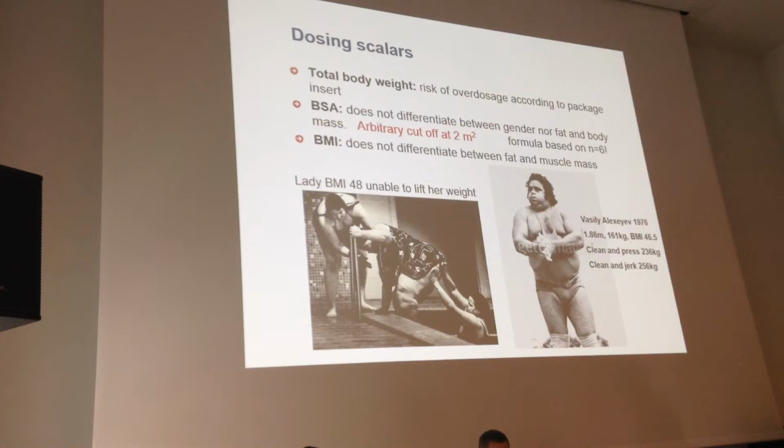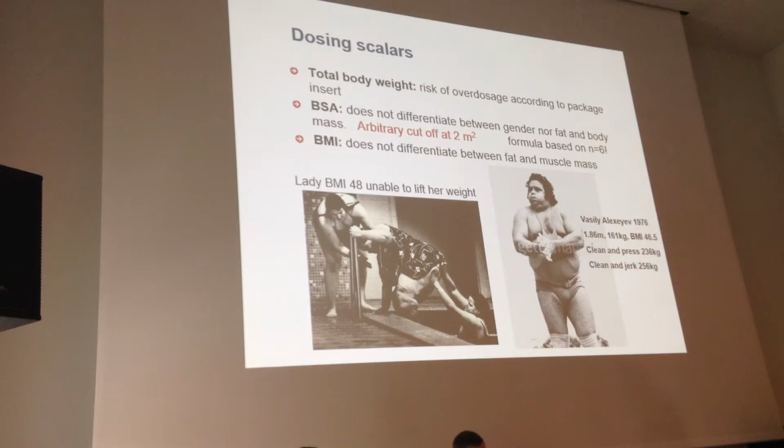In other words, total body weight has the chance of overdosing your drugs. Body surface area, you know, a lot of toxic drugs like chemotherapy are dosed on body surface area, can be very dangerous. A nice, peculiar thing about these formulas for body surface area, they are based on 6 patients.